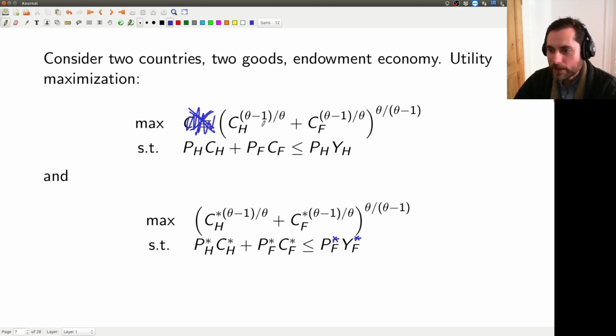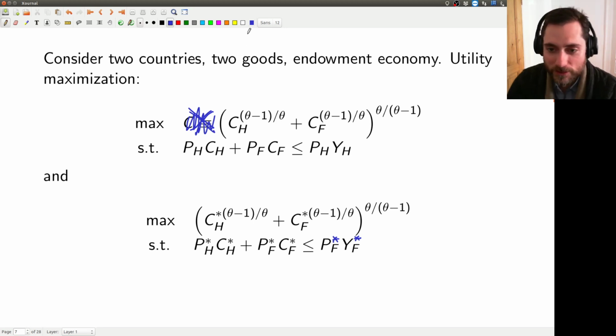Okay, so we have this constant elasticity of substitution utility function. It's symmetric in the two countries. The only difference is that the prices in home are potentially different than the prices of the two goods in foreign. So theta is the elasticity of substitution.